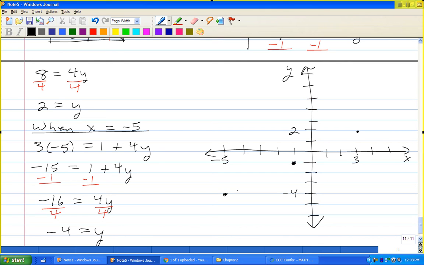Let's sketch a graph of this. So this is a sketch of the graph 3x is equal to 1 plus 4y.